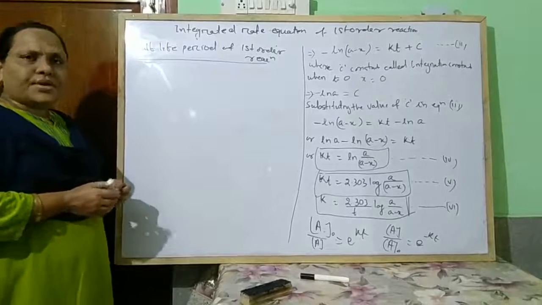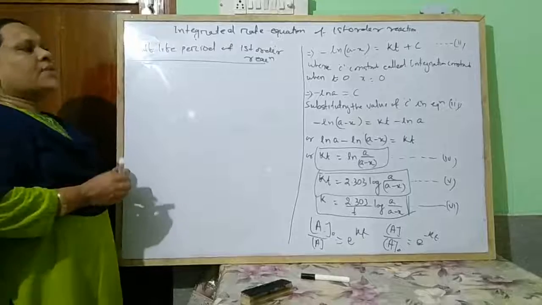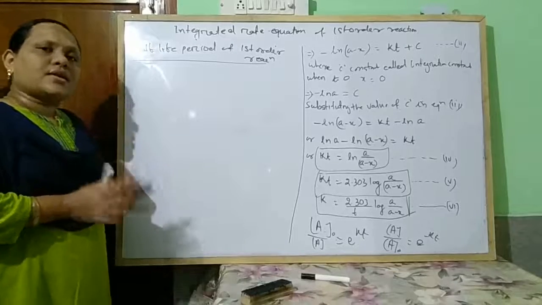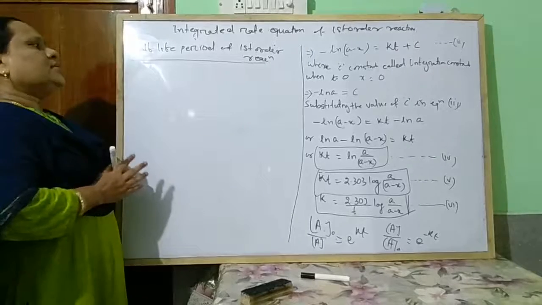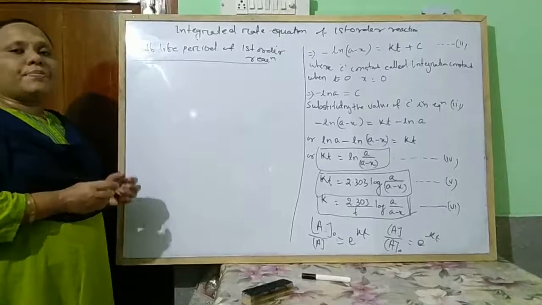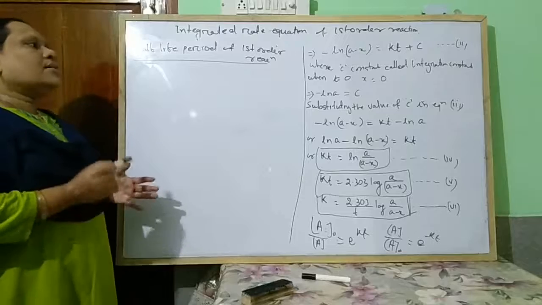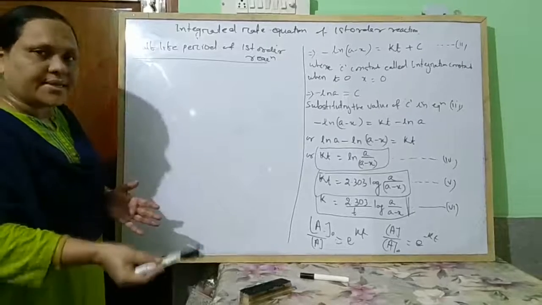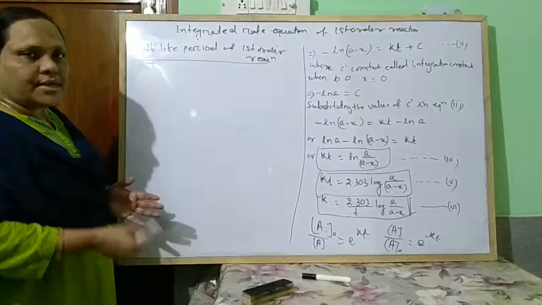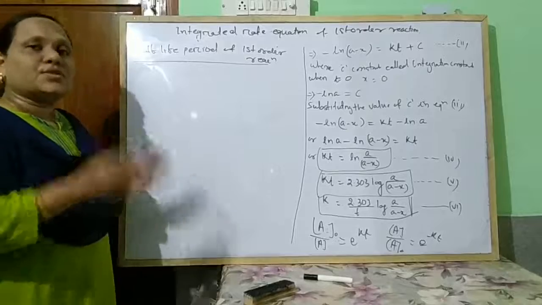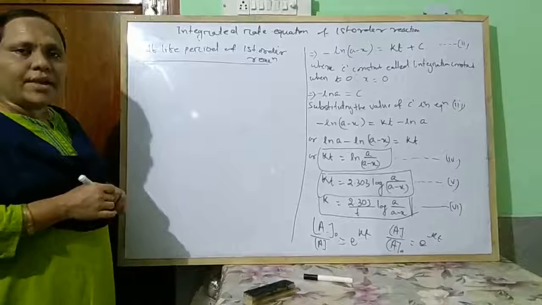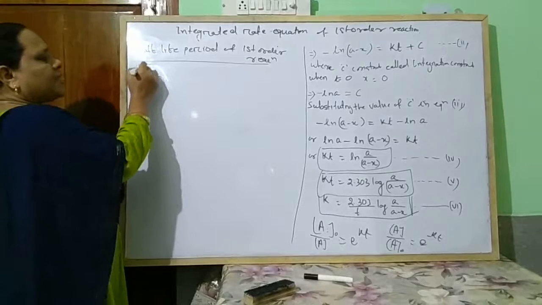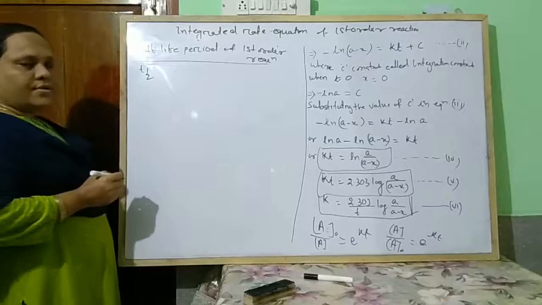The time period during which half of the reactant is consumed from its initial concentration. So the time during which half of the reaction is completed, that is known as the half-life period, represented as t half.